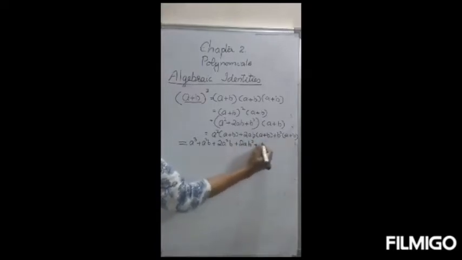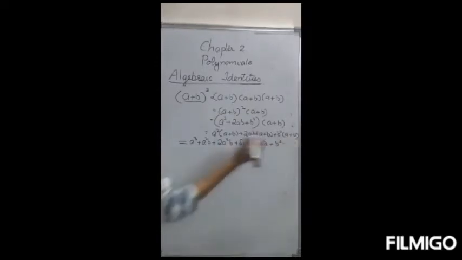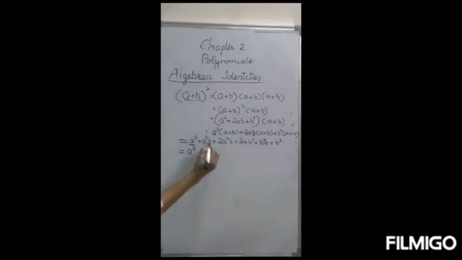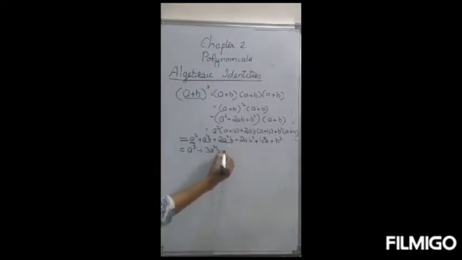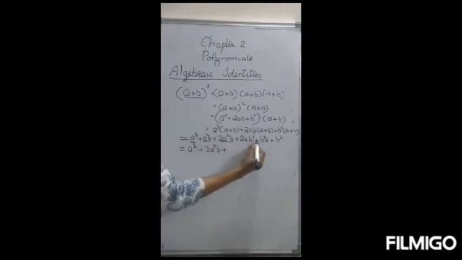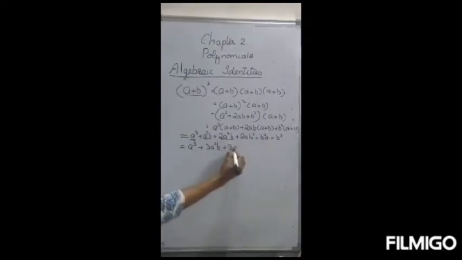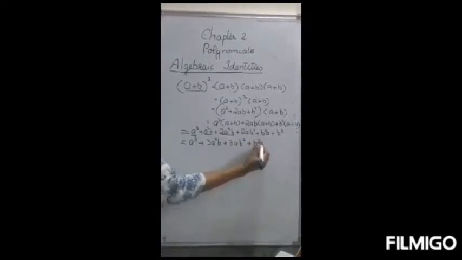Now the last expansion is b square into a, plus b square into b, b cube. Rearrange this: a cube, then like terms a square b and 2a square b become 3a square b. Now 2ab square and b square a become 3ab square, plus b square into b, b cube.